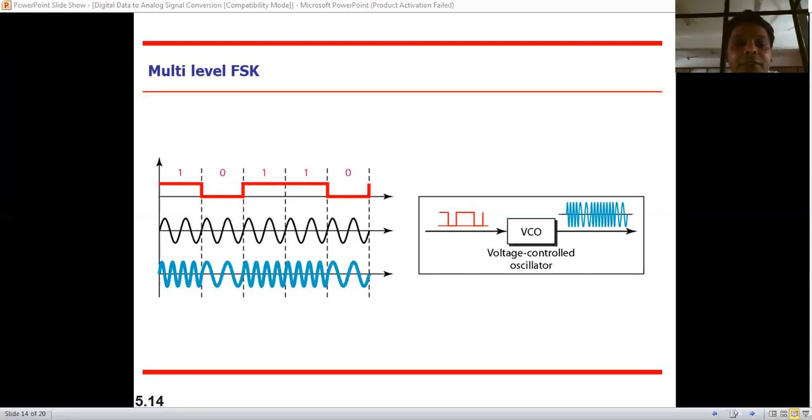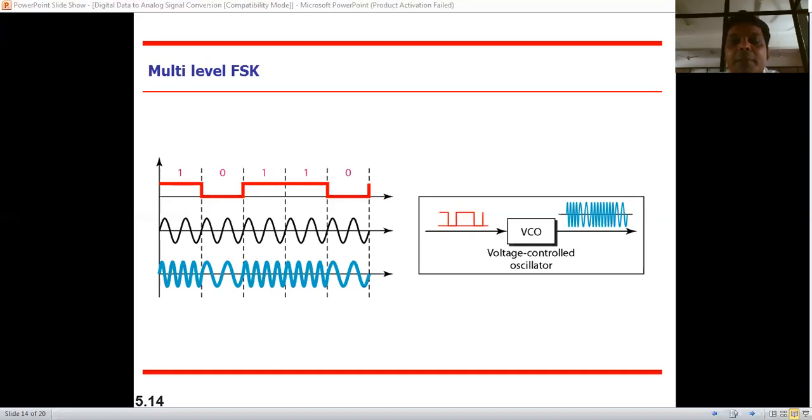In a simple frequency shift keying technique, we have seen that one bit is held per signal element, but in multi-level frequency shift keying, multiple bits are held by one signal element. So we need to provision for multiple frequencies, each one representing a group of data bits.